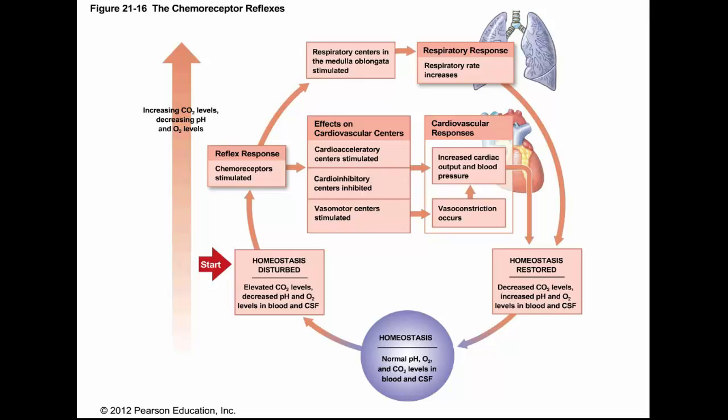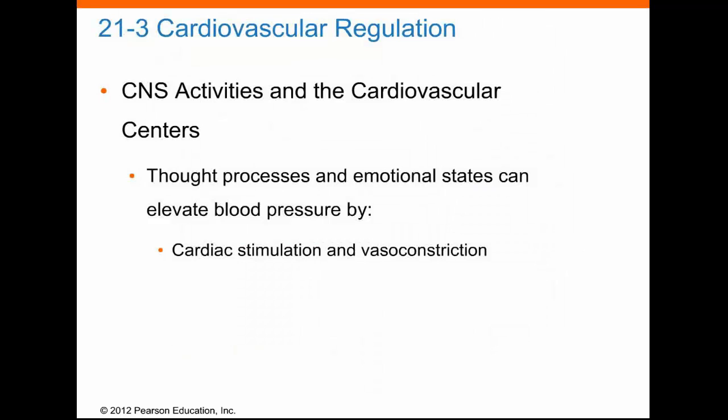Breathing faster will also cause an increase in oxygen levels, and these levels are picked up in the blood and the CSF by the medulla oblongata. So homeostasis is now restored back to the normal pH range between 7.35 and 7.45. Normal levels of oxygen and carbon dioxide are present in the blood and the cerebrospinal fluid.